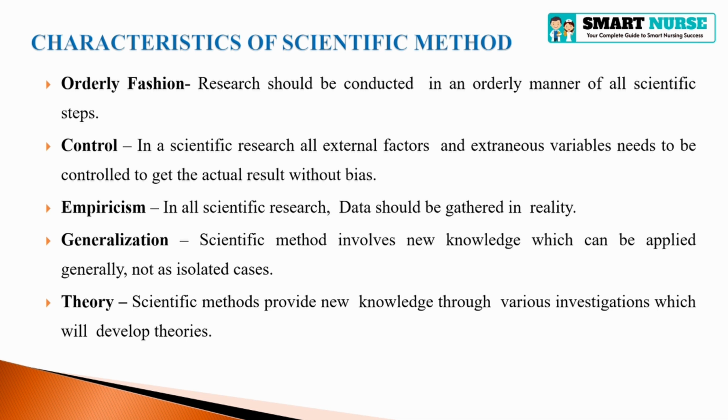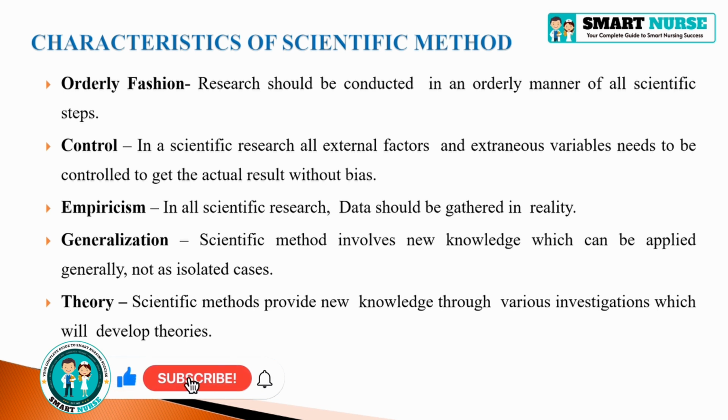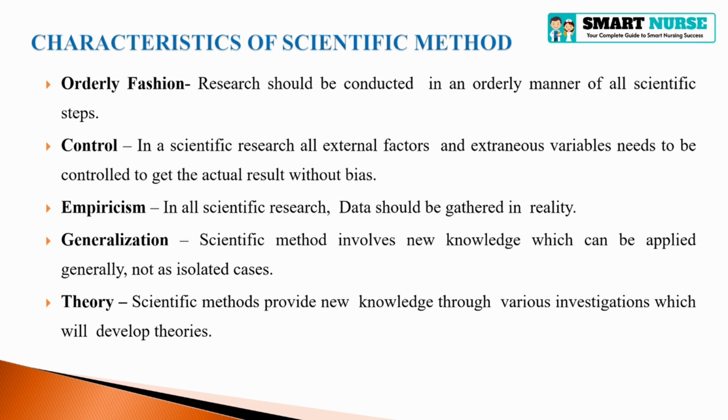And control. In scientific research, all external factors and extraneous variables need to be controlled to get the actual result without bias. Extraneous variables are whatever problem you are selecting and the persons you select, which we call variables, and the actual result will come out for those persons.